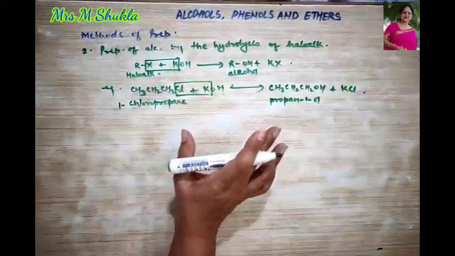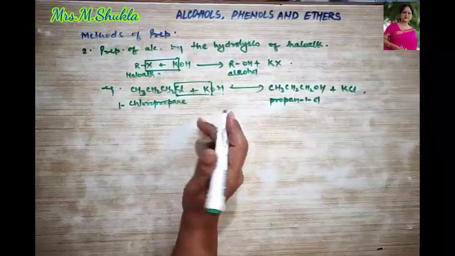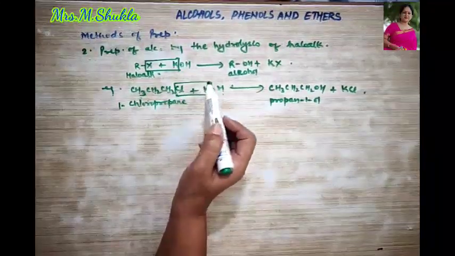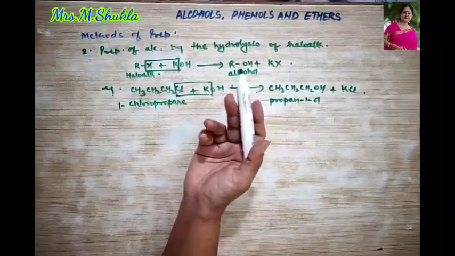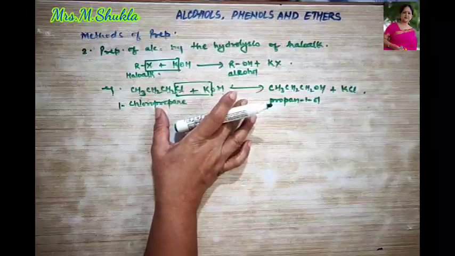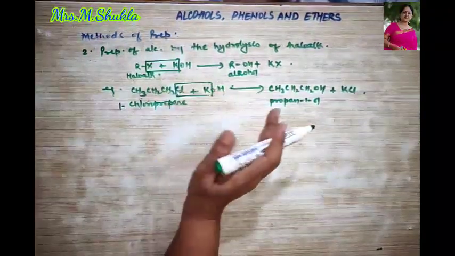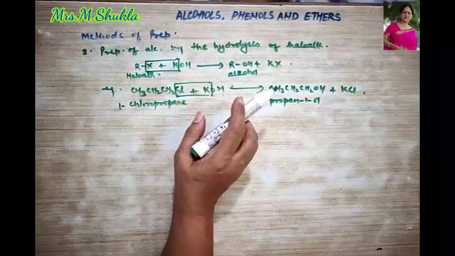This reaction can also be carried out with an aqueous solution of either potassium or sodium carbonate, or even moist silver oxide. Always the final product in all the cases will be alcohol.